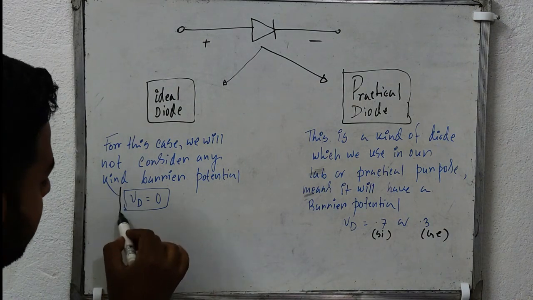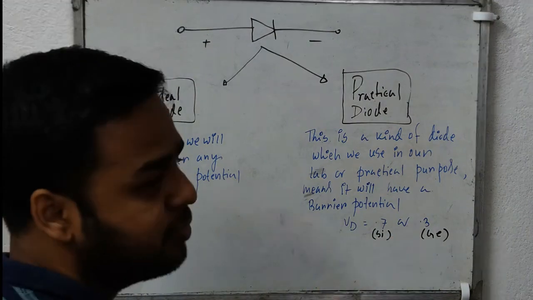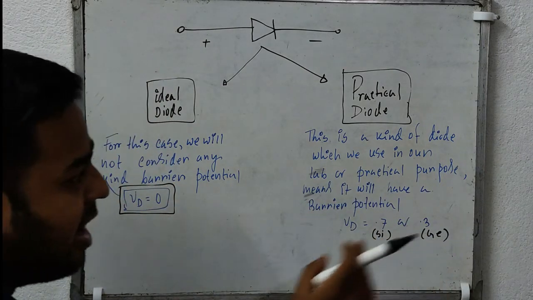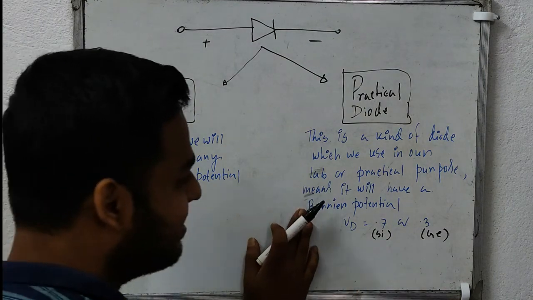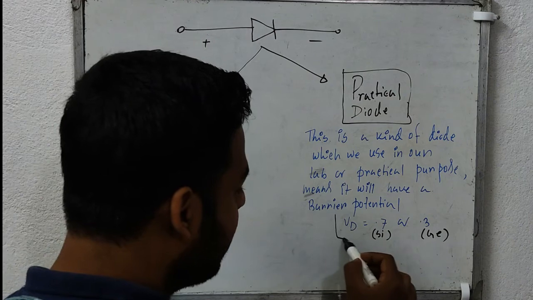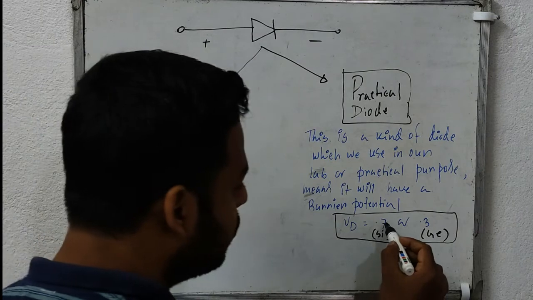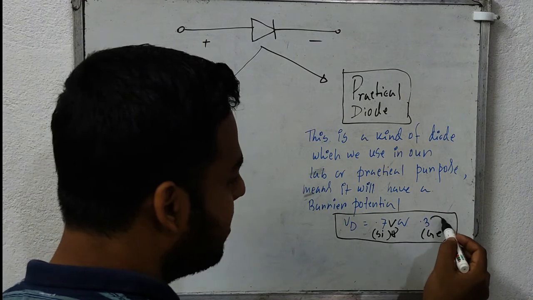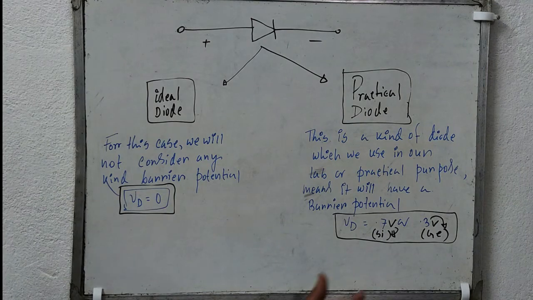But the practical one, which we use in our lab or for practical purposes, has a barrier potential which could be 0.7 volt if it is made of silicon. If it is made of germanium, there will be a 0.3 volt barrier potential.